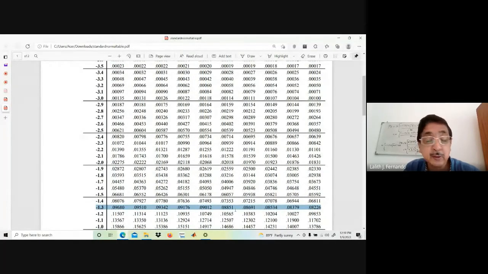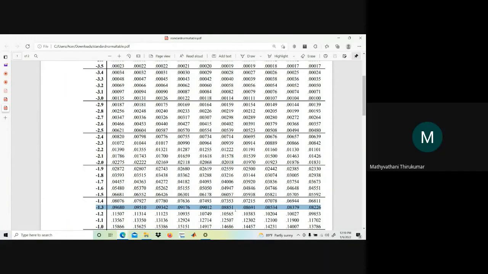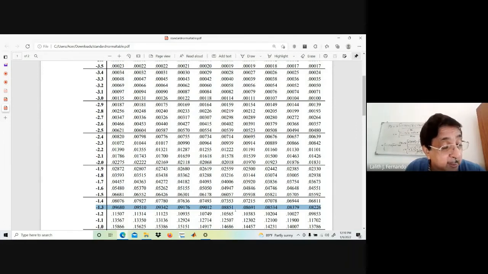So then we have to see what is the percentage of contribution. The contribution percentage is 0.00012 divided by 0.00161. That comes as 0.074.